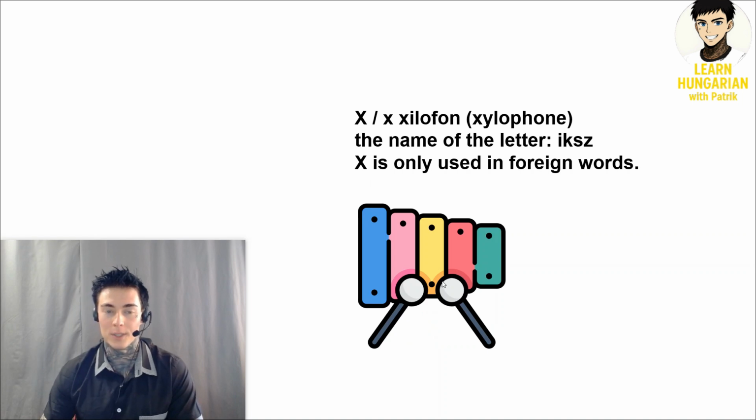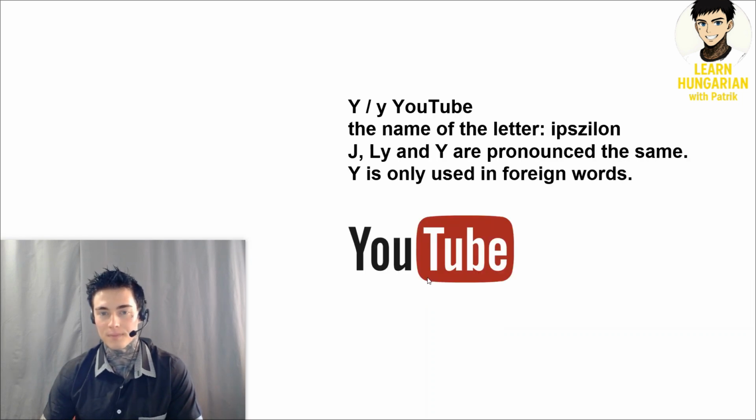The name of the letter X, but we pronounce it like this. X, xylophone. X is only used in foreign words. The name of the letter Y, but we pronounce it like this.